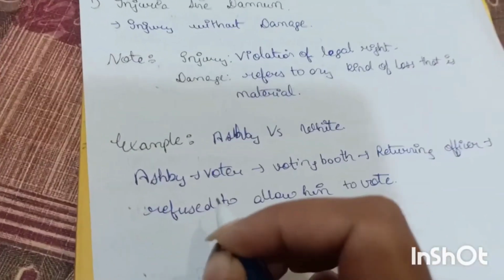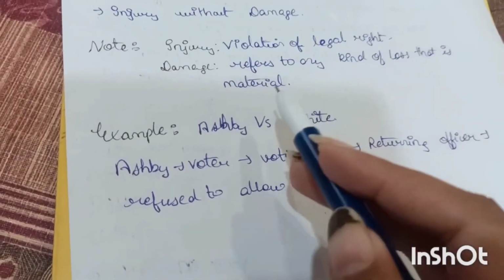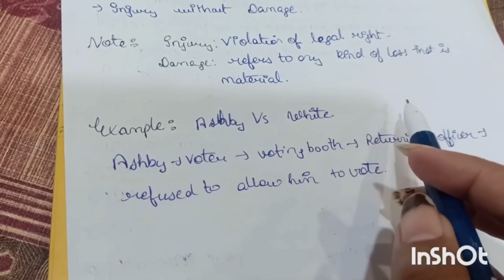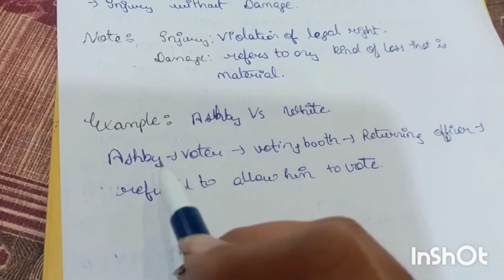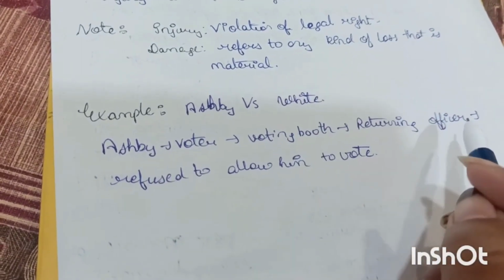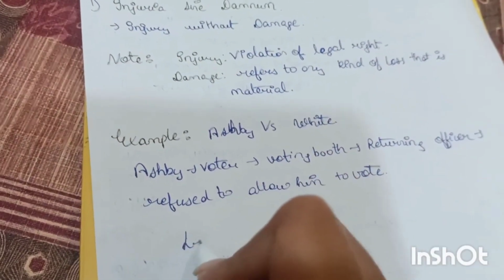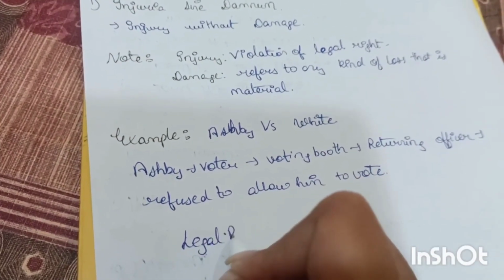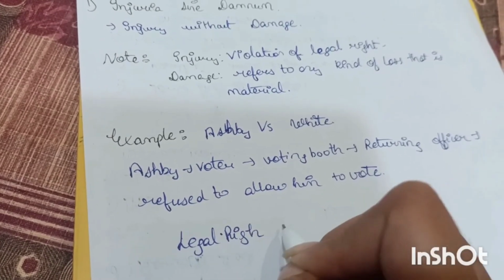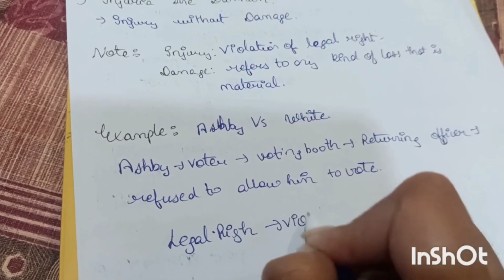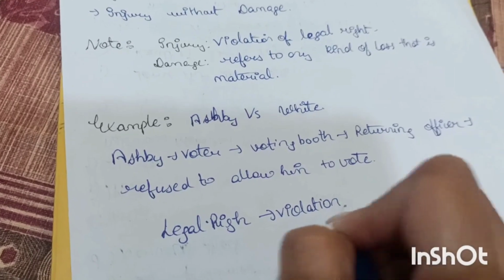So in this case you can see that there is no loss of material, but there is violation of his legal right, as he has the right to vote, but the returning officer did not allow him to vote. So in this case you can write that there was violation of legal right. Violation. Okay.